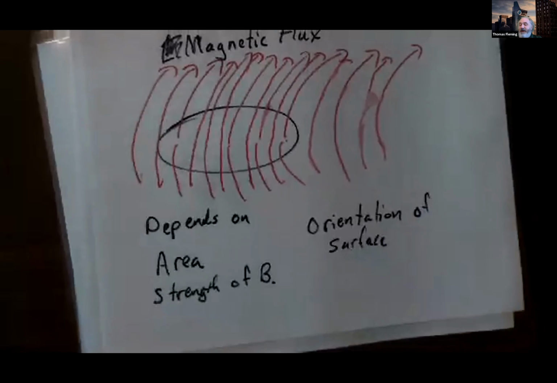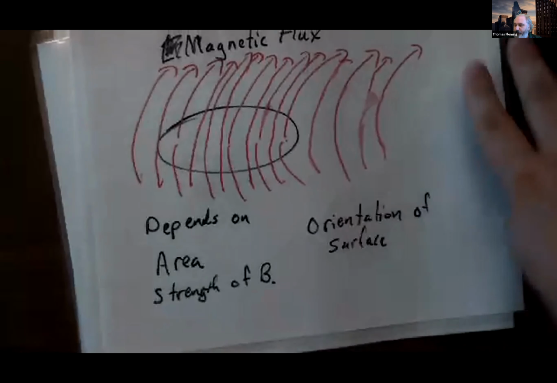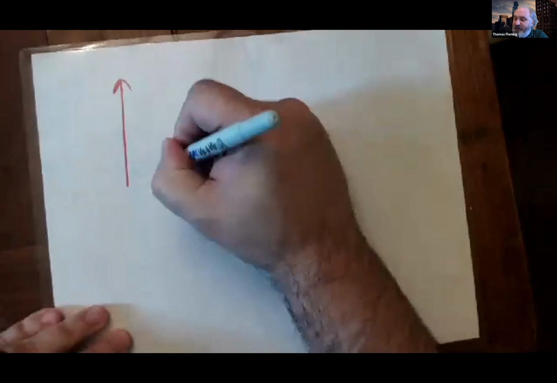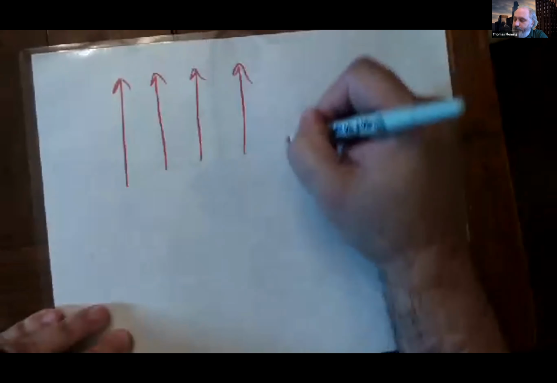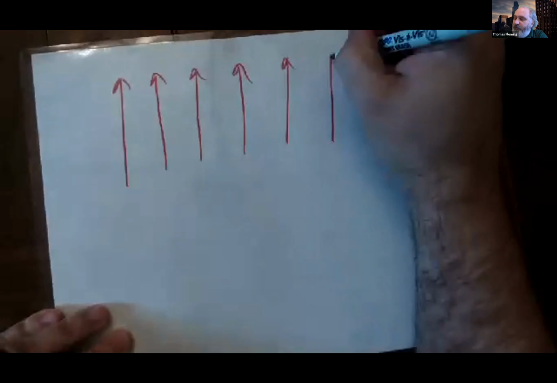So what I mean by that is, let's flip this around and imagine that I've got a uniform magnetic field. So I've got some region of space where the magnetic field is uniform. It's evenly spaced.